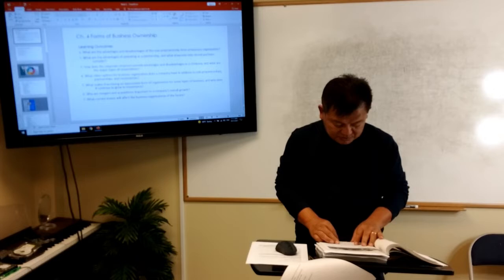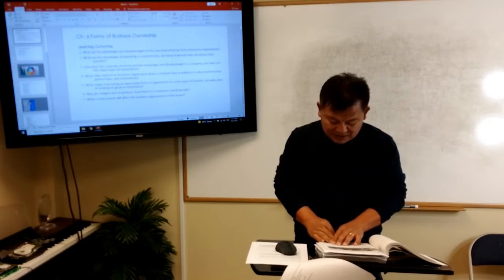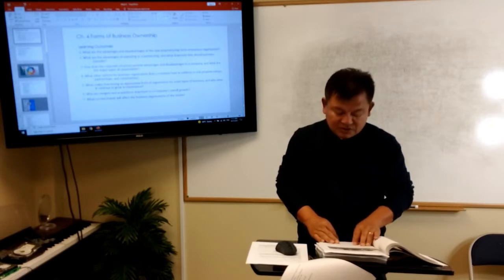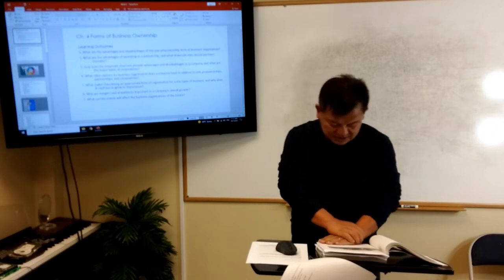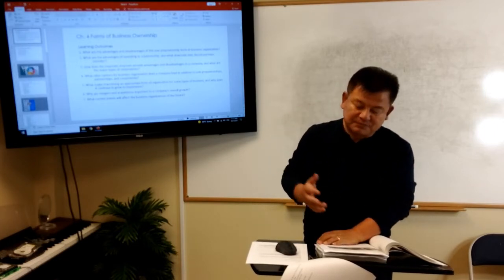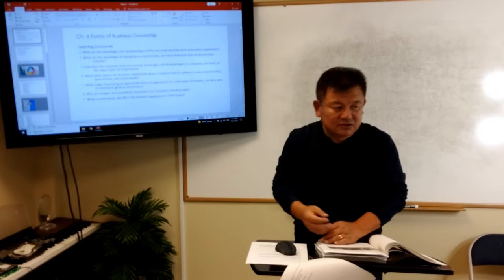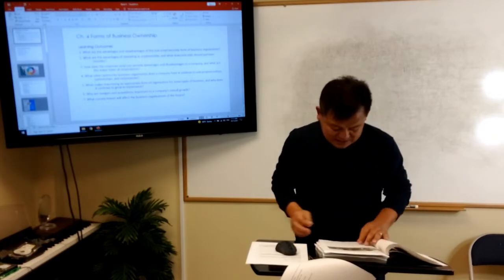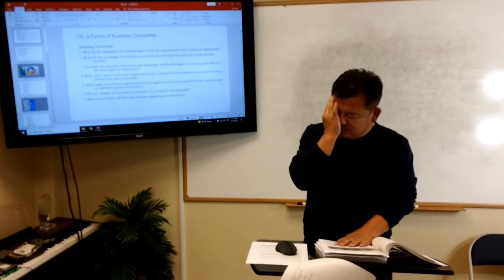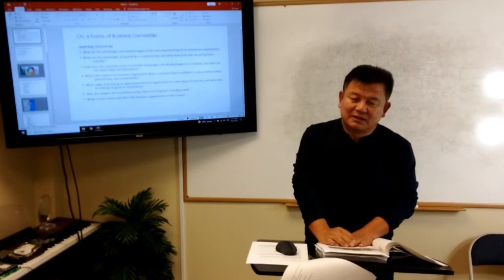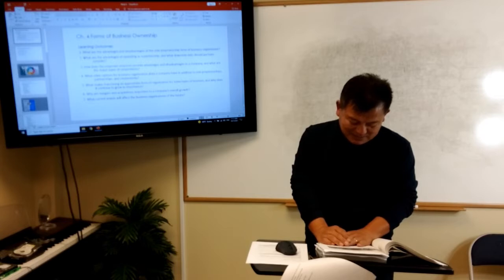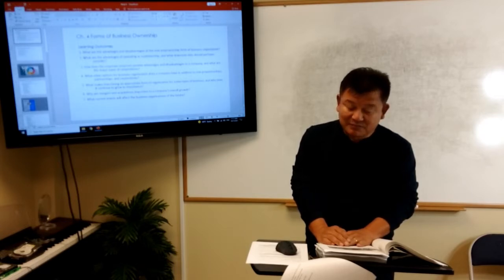And the second learning outcome is what are the advantages of operating as a partnership, and what downside risk should partners consider. This is for partnership with your friends, with your mom or dad. Sometimes you can see Frank and Sons, something like that. Maybe the company is a partnership company, the dad and son.